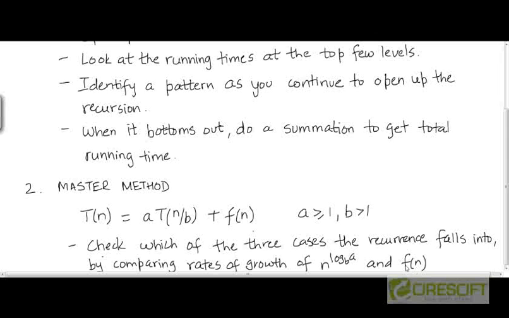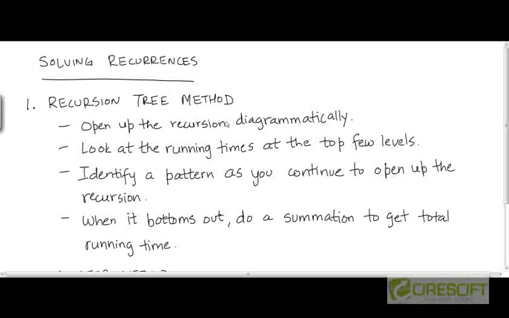Depending on which of them is growing faster, we identified three different possible scenarios, and for each scenario, the master method tells us directly what the final asymptotic complexity of T of n will be, without having to work out the value of T of n by the full-fledged recursion tree method.